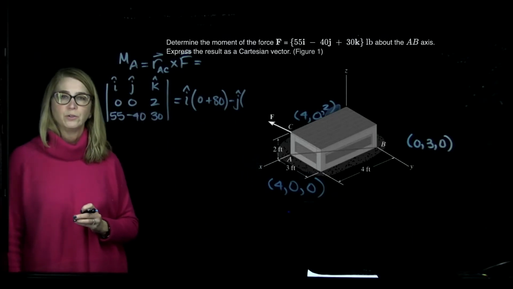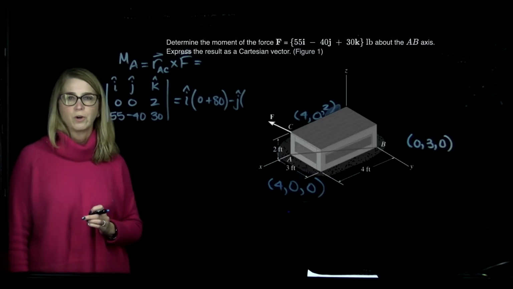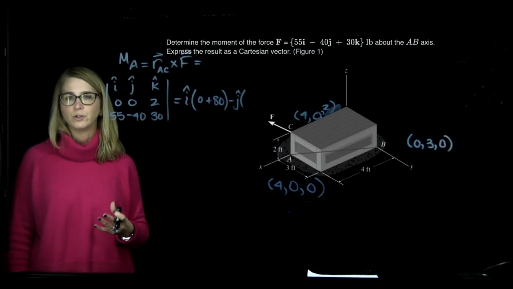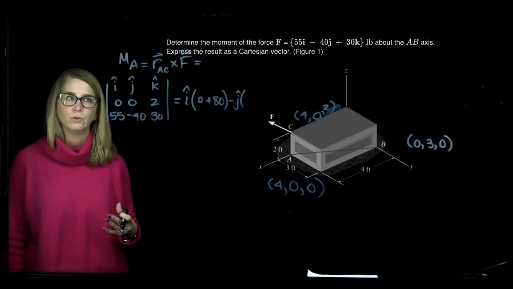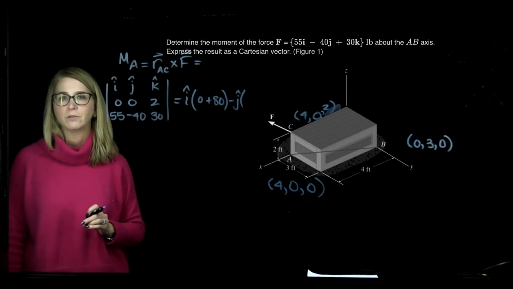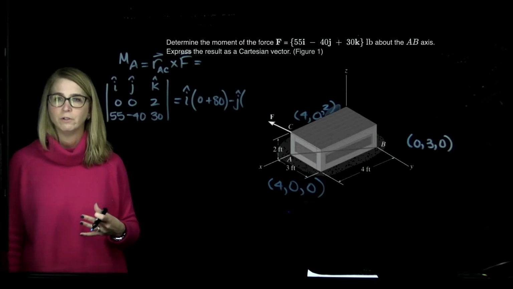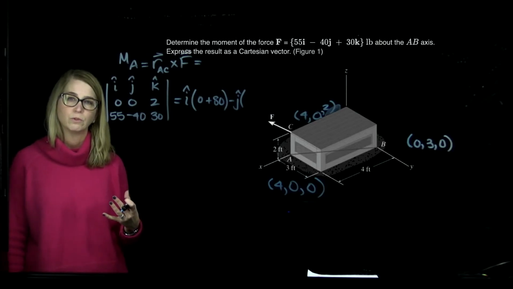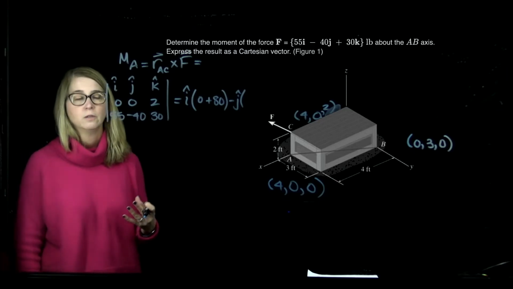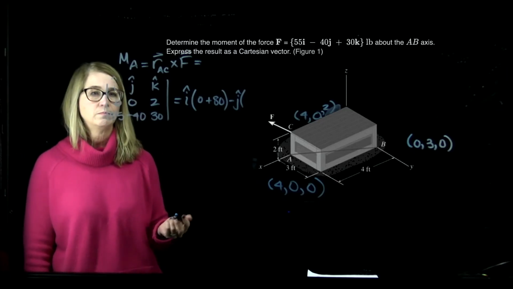And so now I'm going to find the cross product, which is found by taking the determinant of this 3 by 3 matrix, which I am going to do by expanding about the top row. If you need a review on that, I did post a video to review that for you. I'm not going to review it right now.